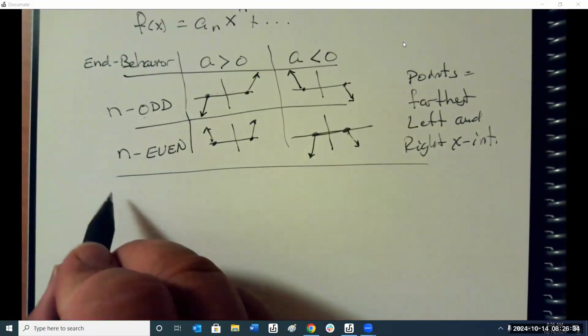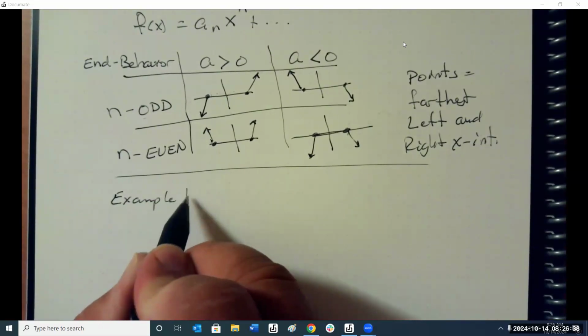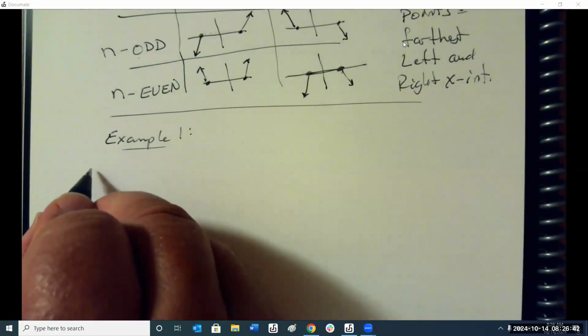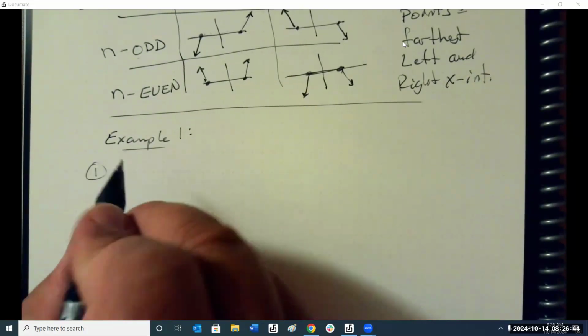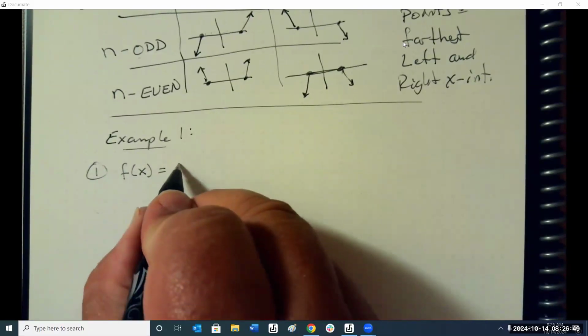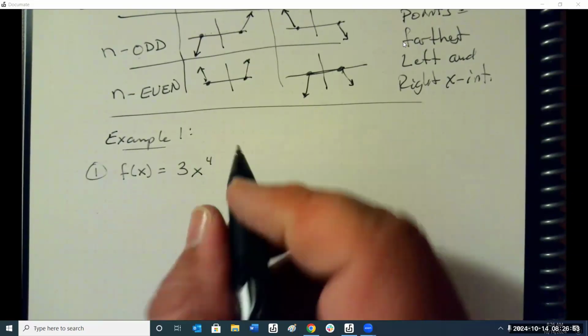Example 1. It's actually matching, but I'm just going to show you these, and we're going to guess what the graph looks like.